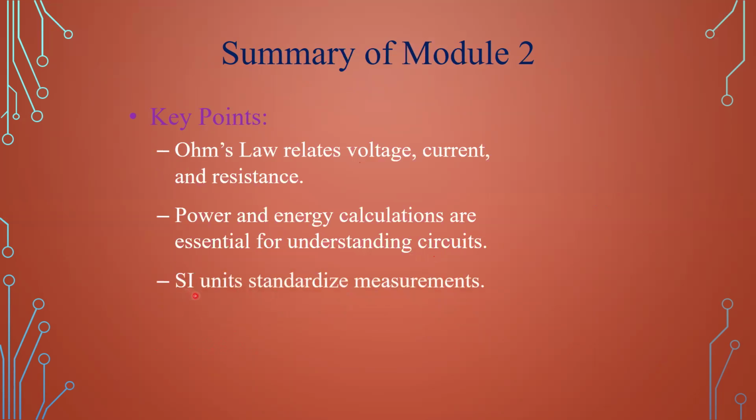Then we reviewed and understood the SI units to measure different quantities, whether it is voltage, current, resistance, power, or energy. In the next module, we will review electrical circuits, for example, series and parallel connection of electrical components, and we'll see how to compute all these quantities such as voltage, current, resistance, power, energy, etc.